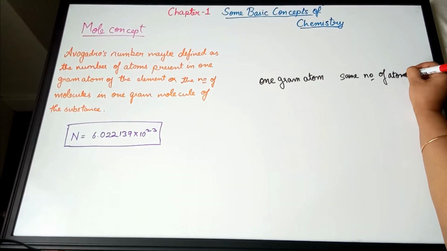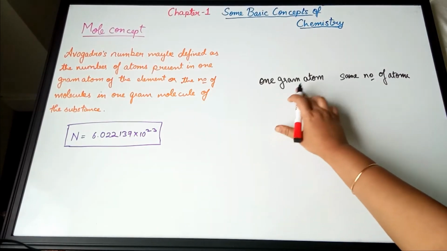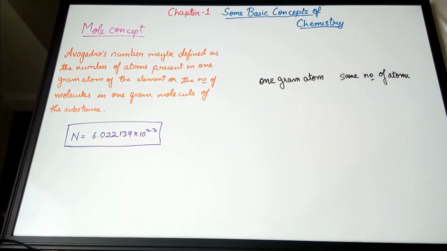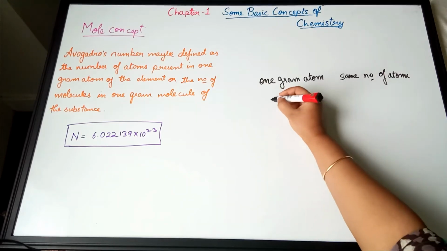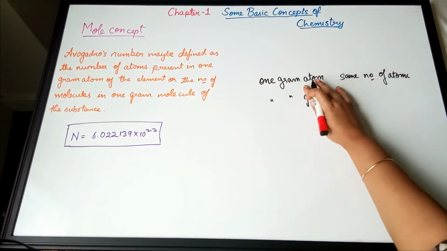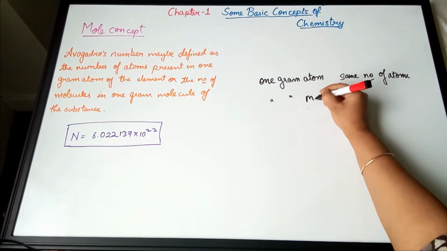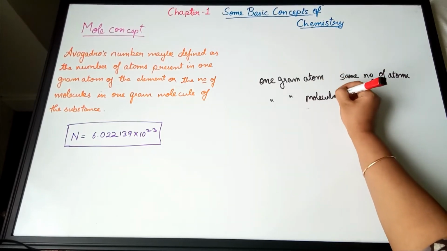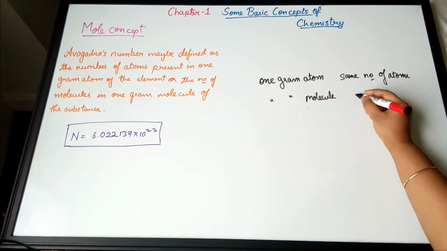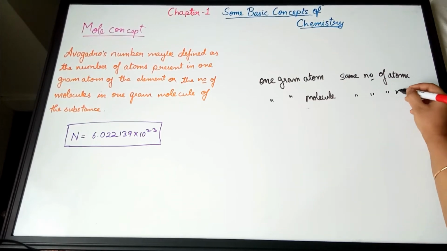And 1 gram molecule of any compound or substance, rather, because we use the word substance over here because a molecule could mean an element or a compound. So we use the word substance here. So 1 gram molecule of a substance, which means it could be an element or a compound, consists of the same number of molecules.